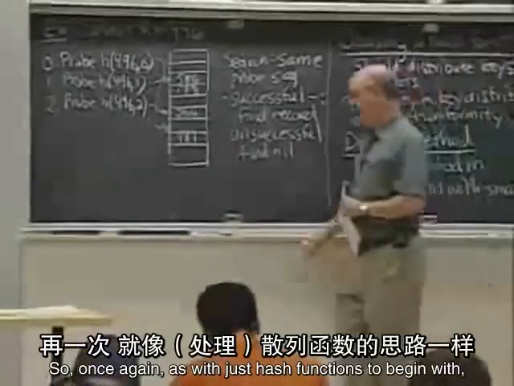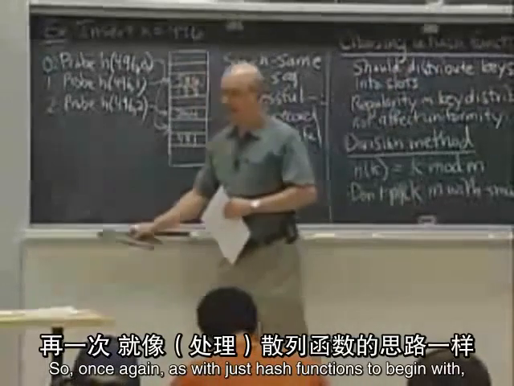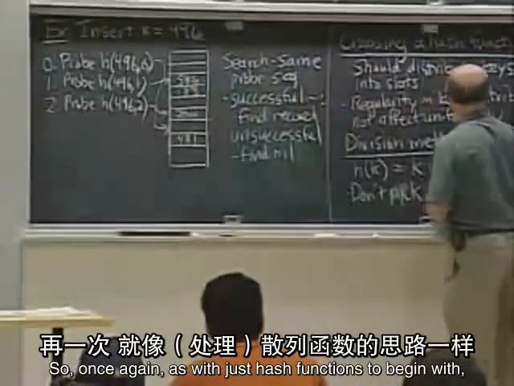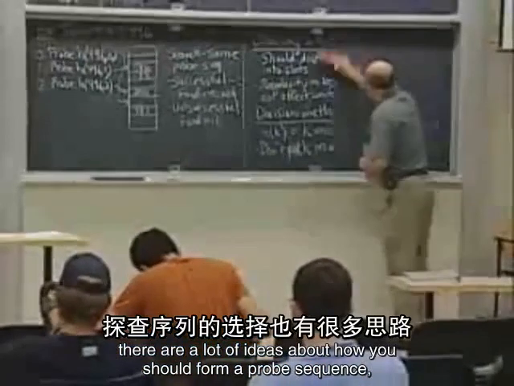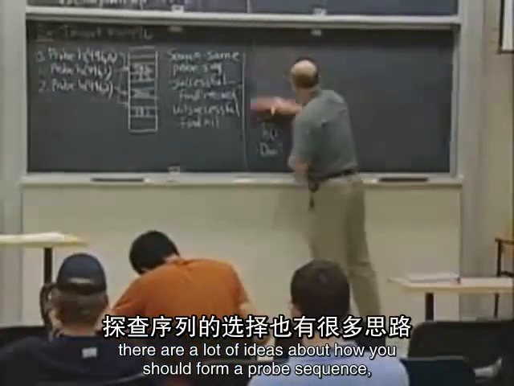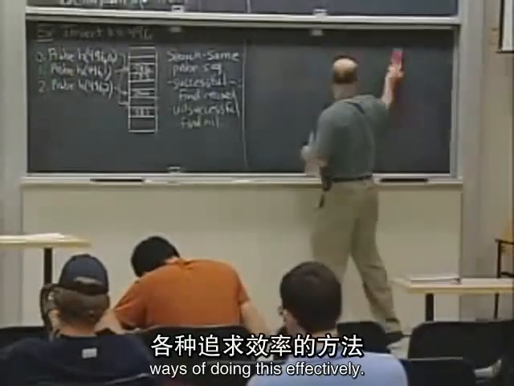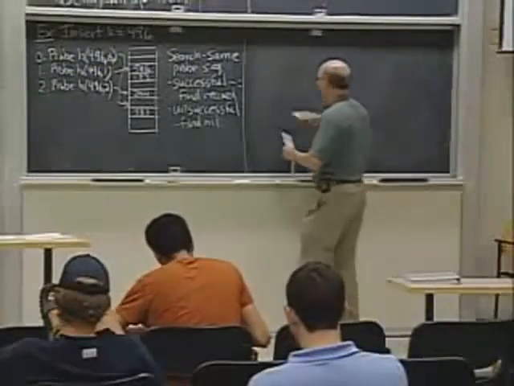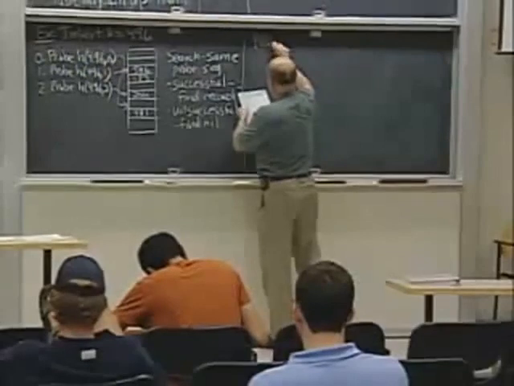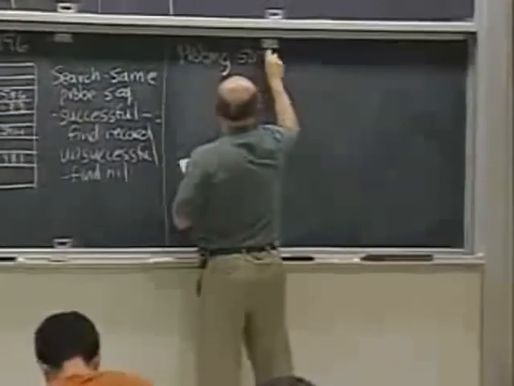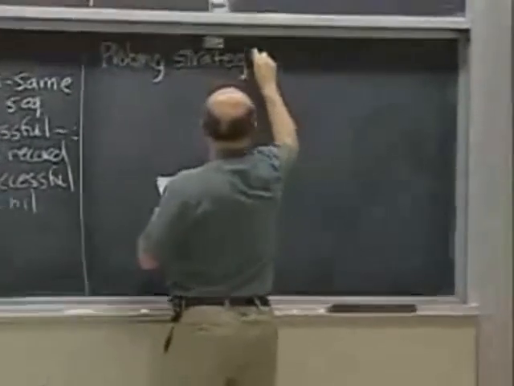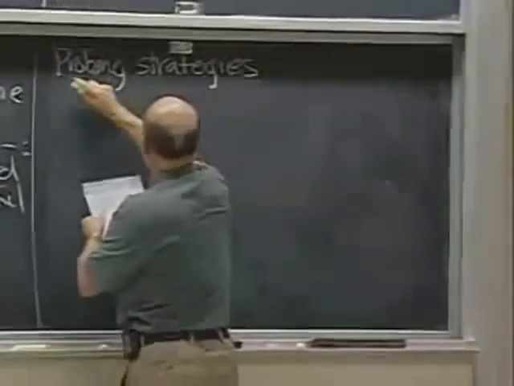So once again, as with hash functions to begin with, there are a lot of ideas about how you should form a probe sequence, ways of doing this effectively. Okay.